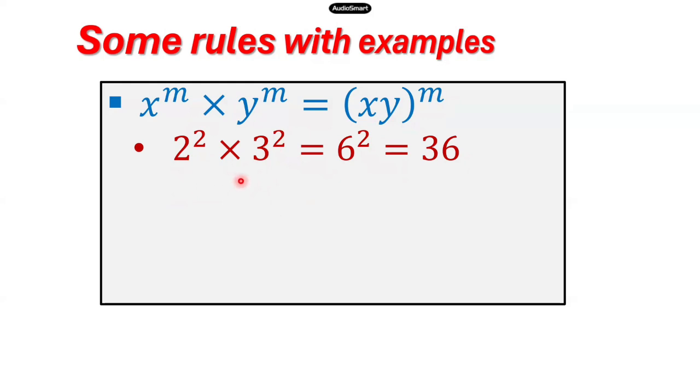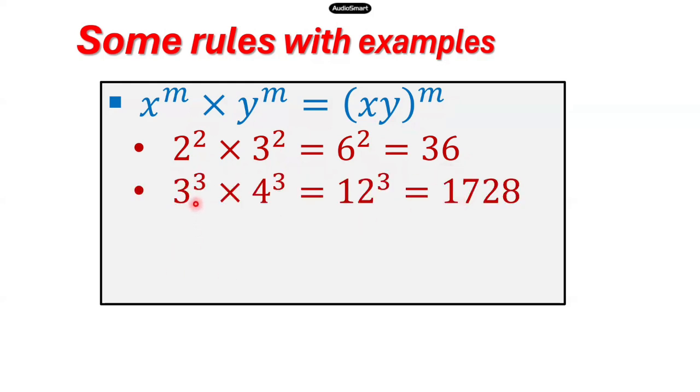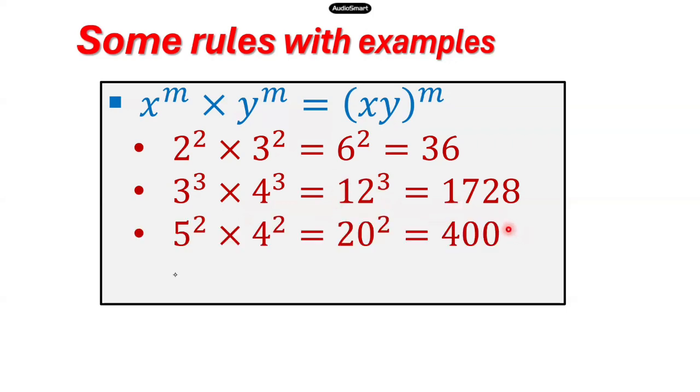So 4 multiplied by 9 is 36. Then 3 to the power 3 and 4 to the power 3. This can be solved by taking 12 to the power 3, which is 1728. 5 to the power 2 and 4 to the power 2. By this formula, we'll have 5 multiplied by 4, which is 20, 20 to the power 2, which is 400.